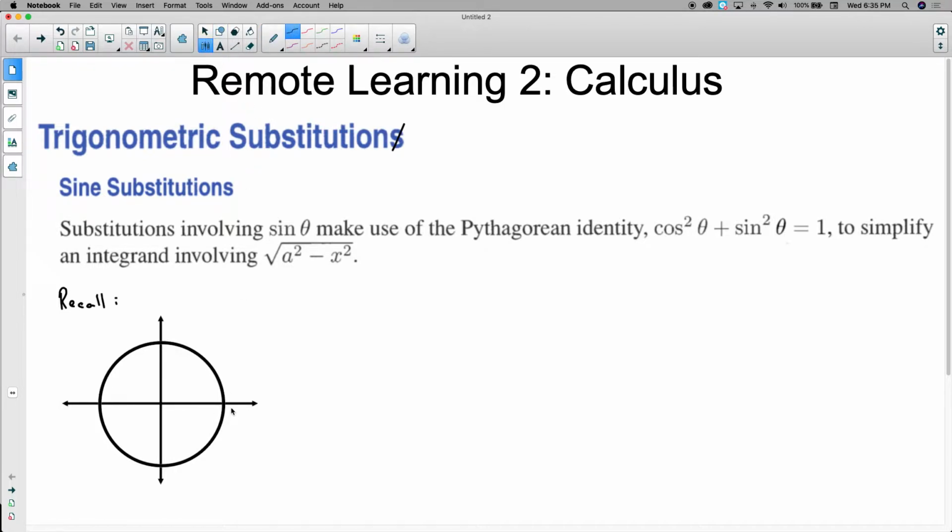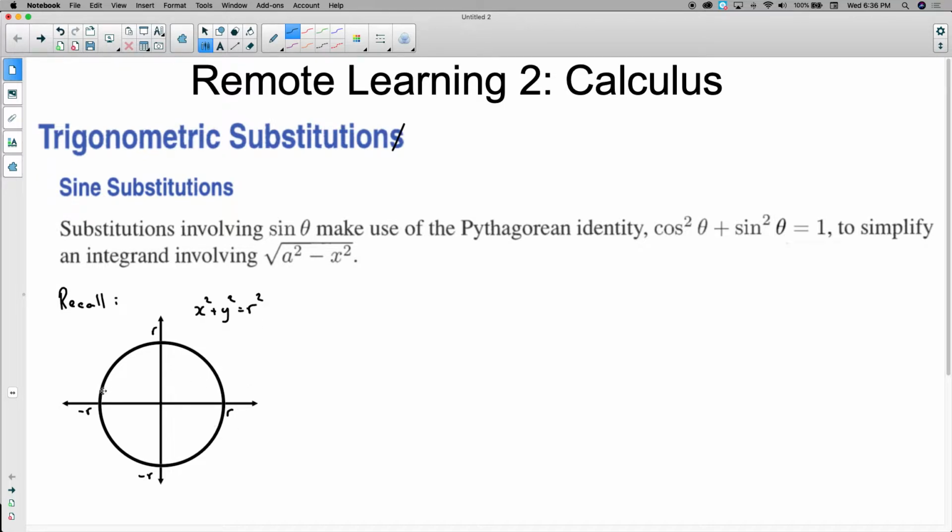But I'll give it to you in its format, and maybe just so I can link it exactly to the expression up above. No, I won't do it that way. I'll go with this is r, the radius, and that makes that negative r and negative r. And the equation for this would be x squared plus y squared equals r squared.